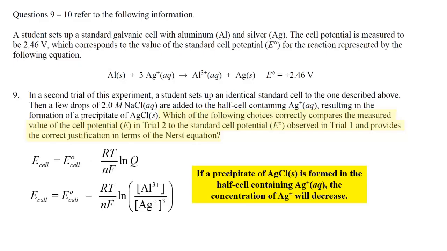Well, it's in the denominator. So if the concentration of the silver ion decreases, then mathematically that will cause Q to become greater than 1. We are decreasing the concentration of silver, which appears in the denominator of the Q expression, so Q becomes greater than 1.